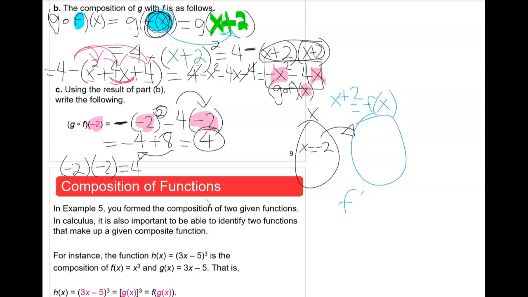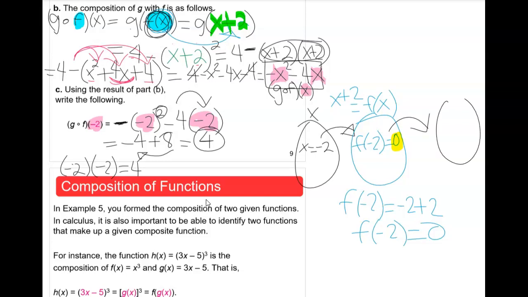Let's just write it down here. f of negative 2, so it was negative 2 plus 2. So f of negative 2 was equal to 0. So that 0 goes here. That number, the 0, is what maps into the next function, which will be g of x, g of f of x, like that.